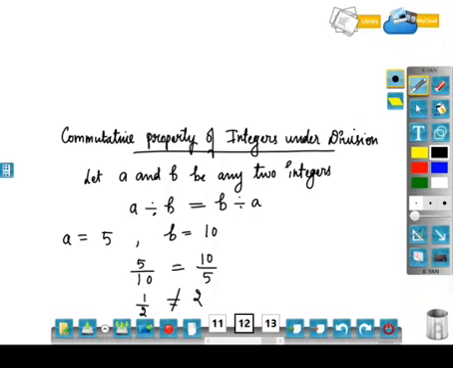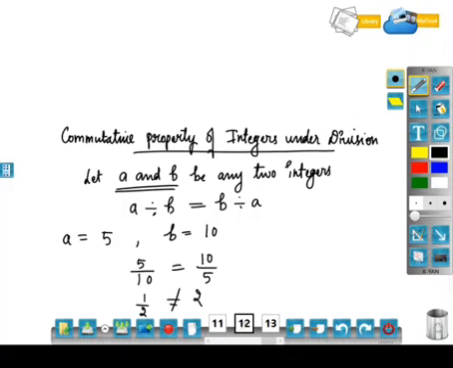Commutative property of integers under division. Please all of you turn off your mic. I'll be repeating that property once again. We have already studied the commutative property for addition and subtraction. In all these cases, we always take two integers.